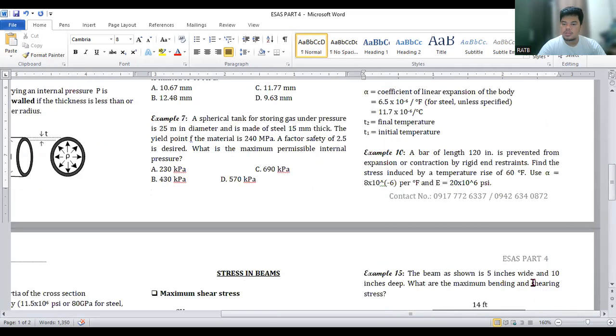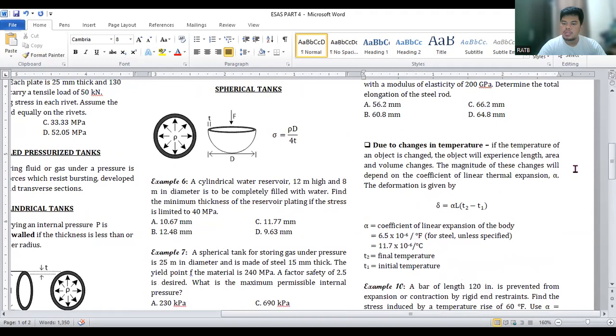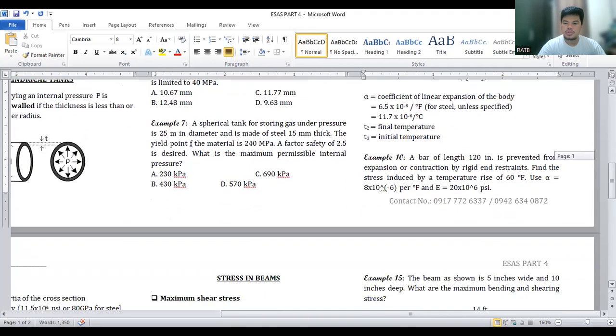So that's for elongation due to the changes in temperature.